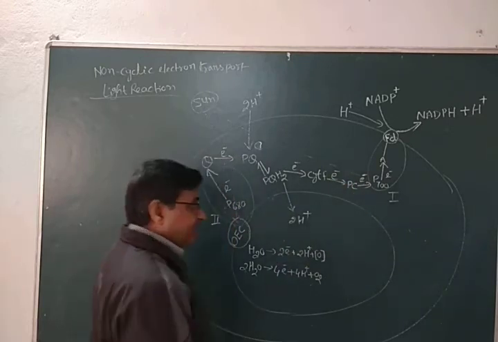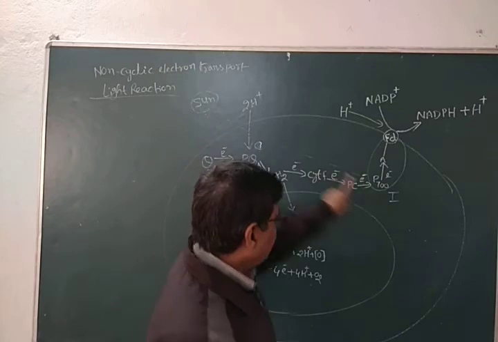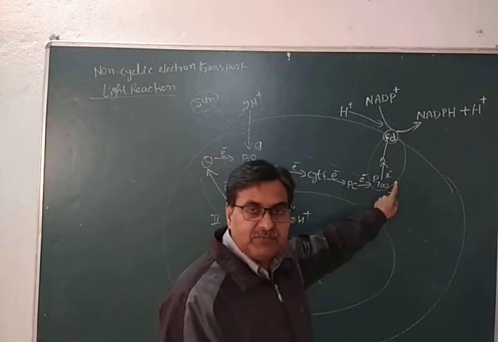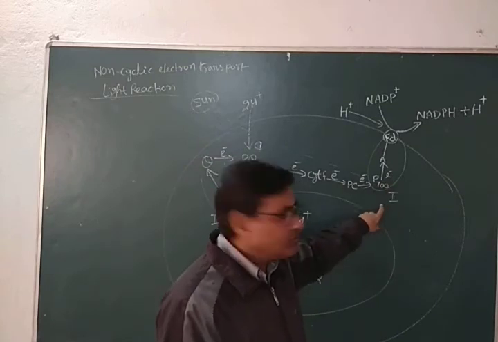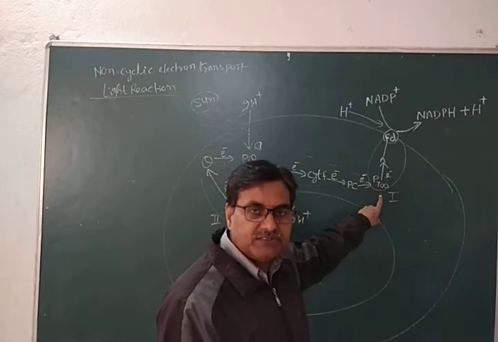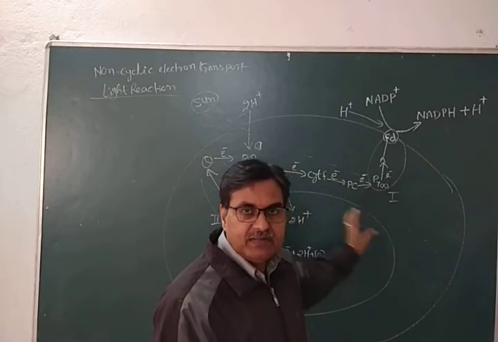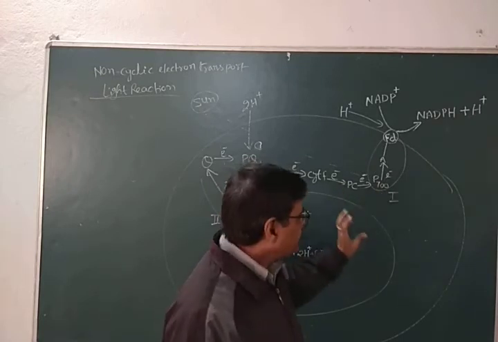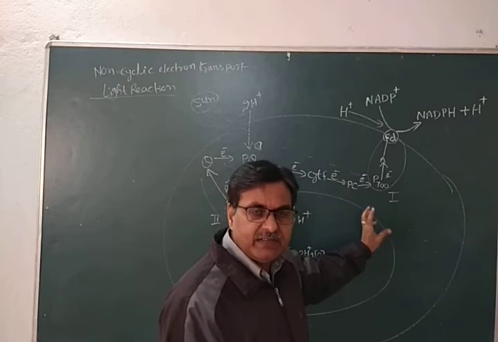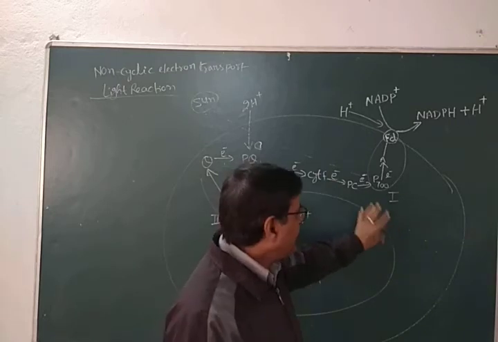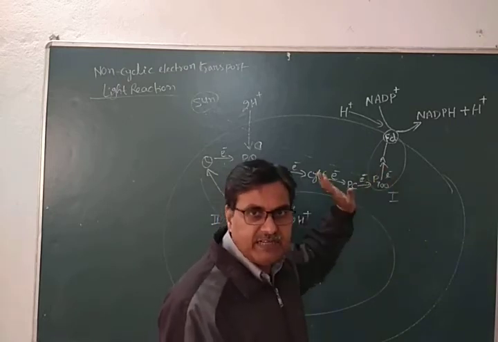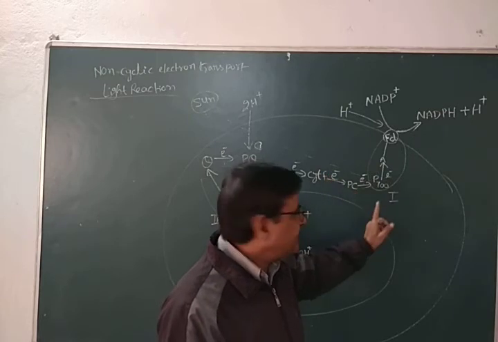Simultaneously, the light energy is also trapped by photosystem 1. Photosystem 1 also consists of a reaction center and different accessory pigments that trap light energy of different wavelengths and provide the energy to the reaction center consisting of chlorophyll A700.